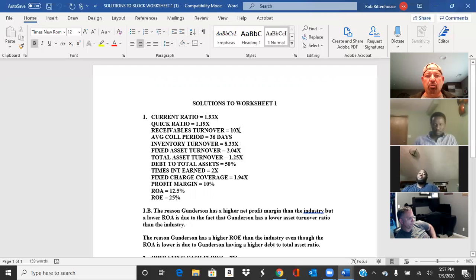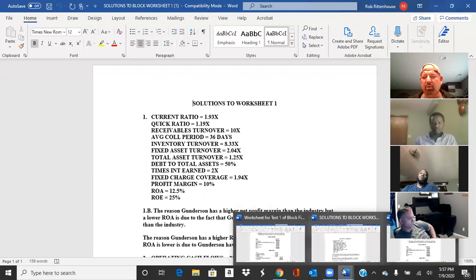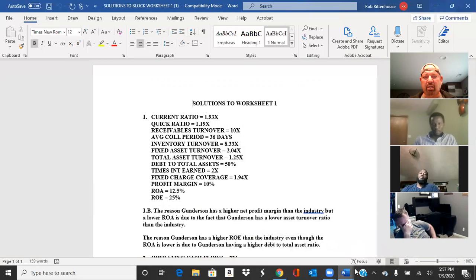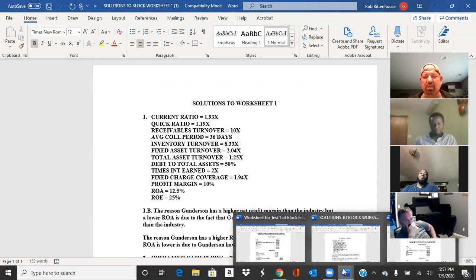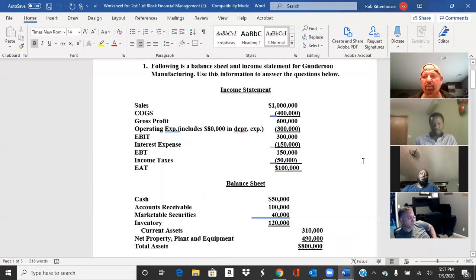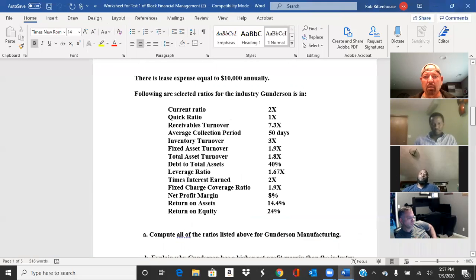So, in terms of receivables turnover and average collection period, how do we fare relative to the industry? Again, it's 10 times and 36 days. The industry average is 7.3 times. By the way, since the receivables turnover ratio is lower for the industry than ours, because ours was 10 times, that has to mean the industry is going to have a higher average collection period, because those two are inversely related.